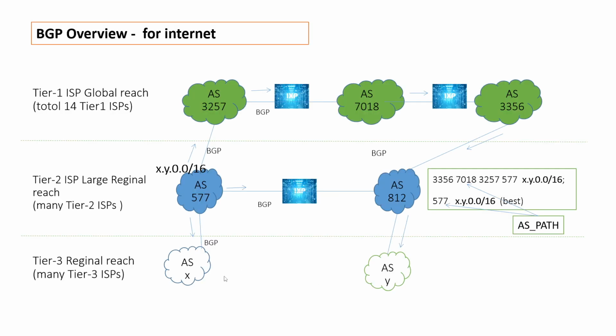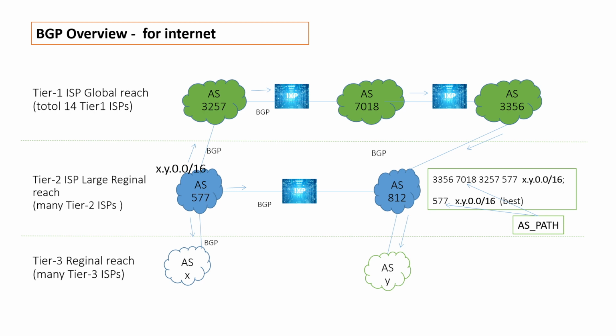Let's use this diagram to explain how BGP works. This diagram illustrates the current internet structure at a high level. The current internet has ISPs, and ISPs can be divided into three types. The very large ISPs are called Tier 1 ISPs. They are global, and they interconnect with each other.